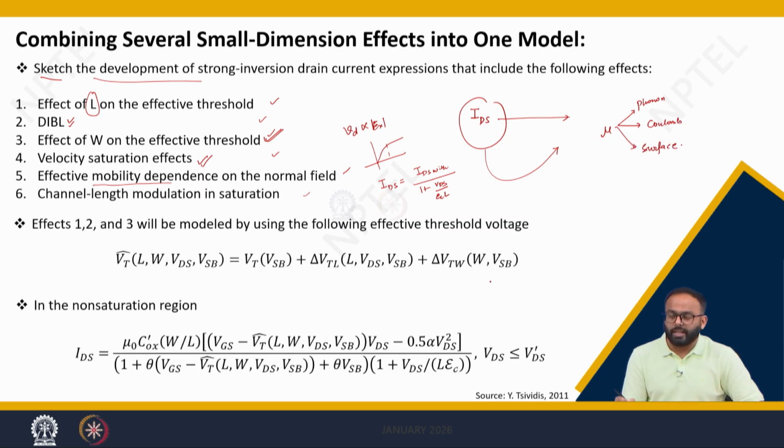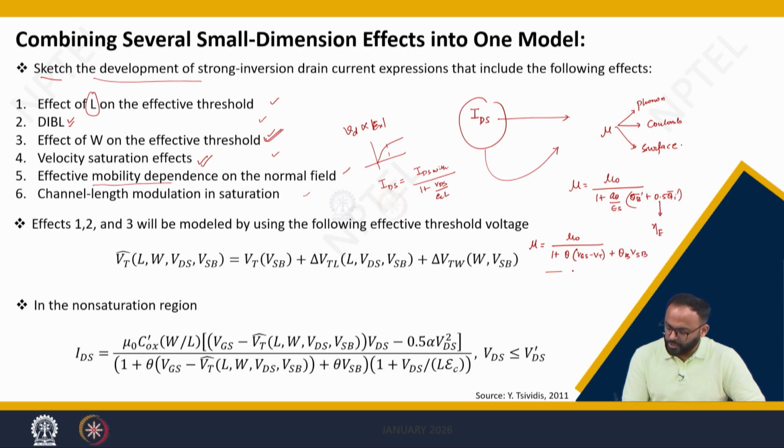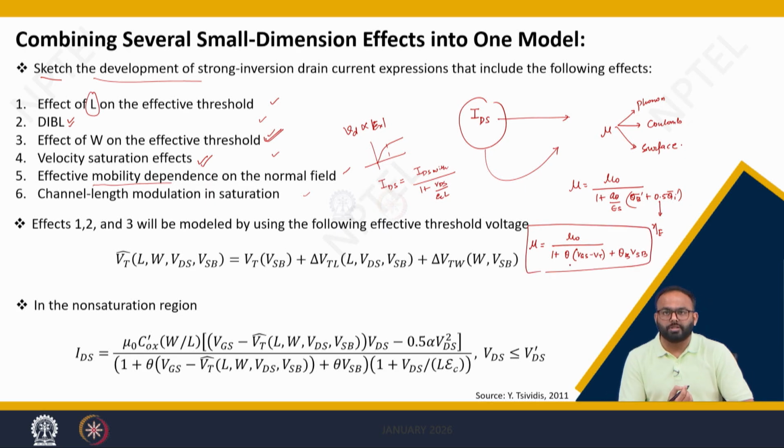And we said that the effective mobility can be modeled as mu naught divided by 1 plus theta divided by epsilon s into QB average plus 0.5 QI average, where 0.5 is nothing but eta E. By solving this equation, ultimately we got mu effective as mu naught divided by 1 plus theta into VGS minus VT plus some theta B into VSB. That is what we have already derived when we were talking about long channel devices.